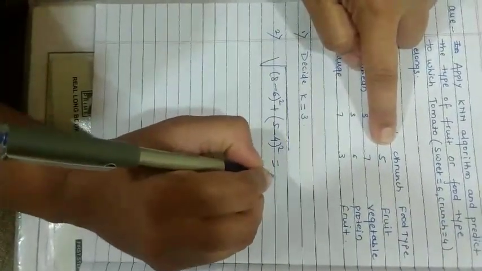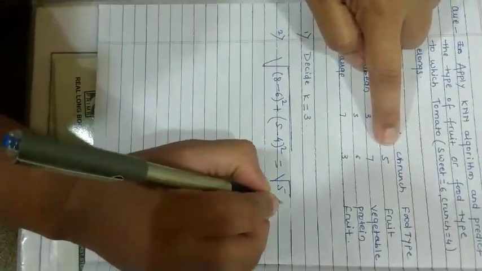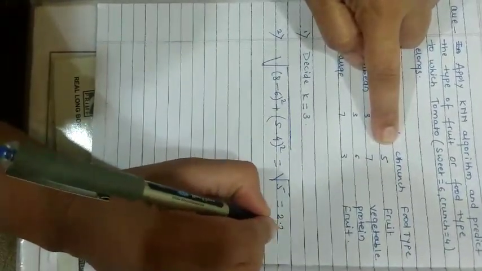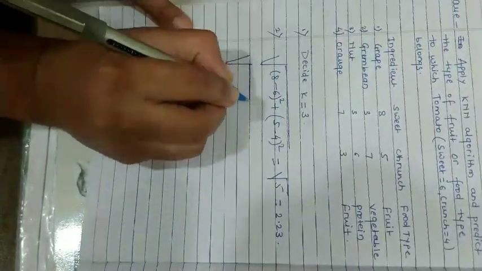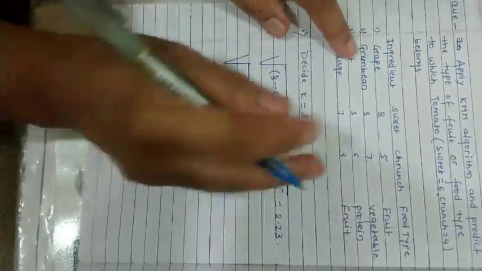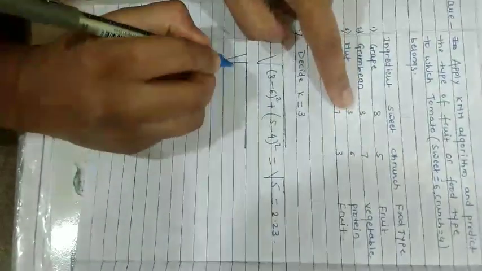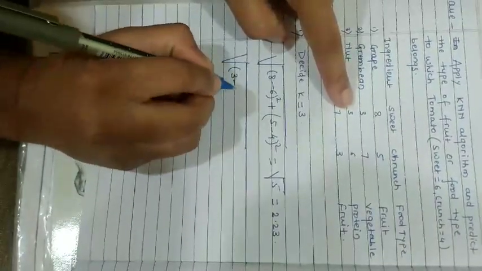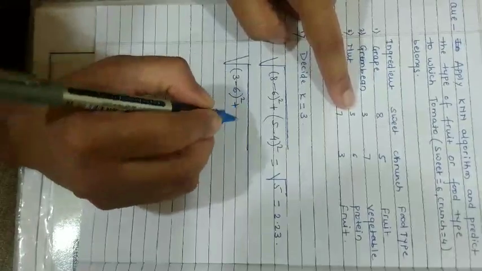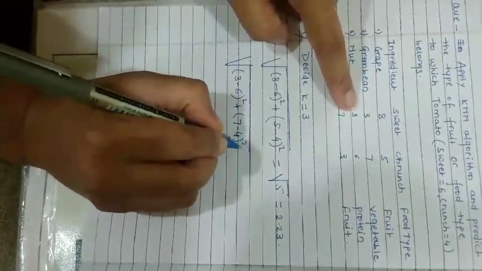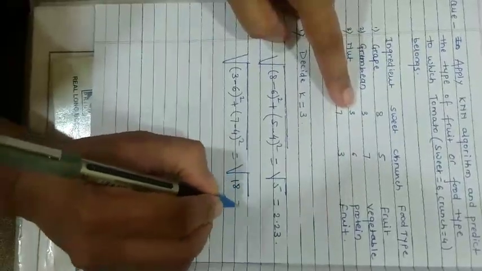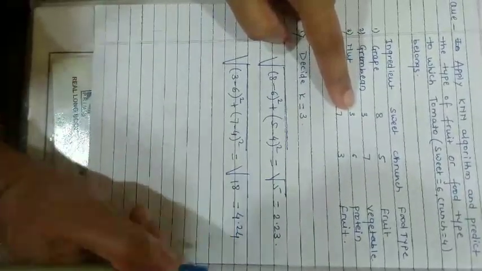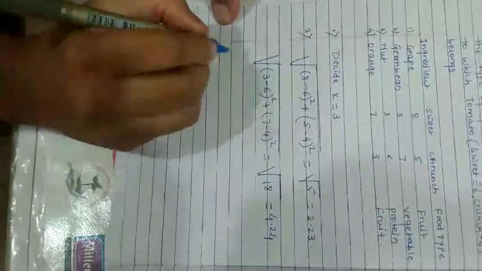So you will be getting the value as root 5 and the answer for this will be 2.23. Same, calculate the Euclidean distance of second instance with this. So 3 minus 6 square plus 7 minus 4 square. So value for this will be 18 and answer for this will be 4.24.